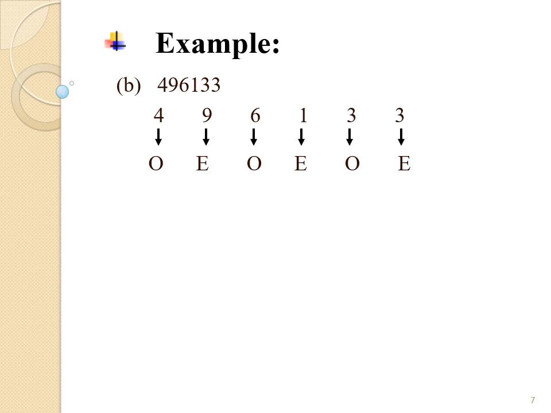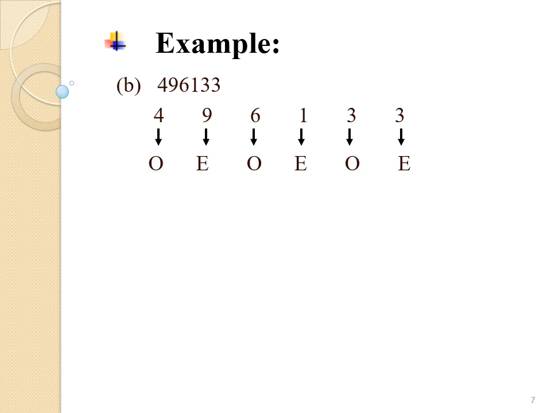4,96,133 is divisible by 11 or not by following all these steps. Step number 1. Sum of the digits at odd places. Students, in order to get the sum of the digits at odd place, we have to add the digits of odd places like 4, 6 and 3.